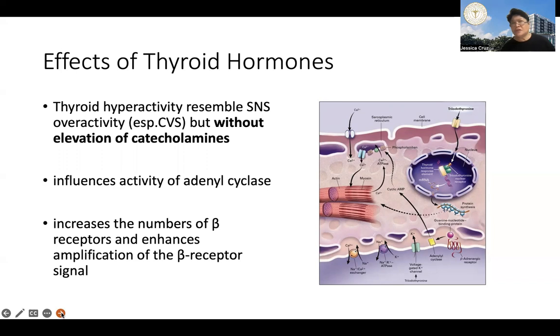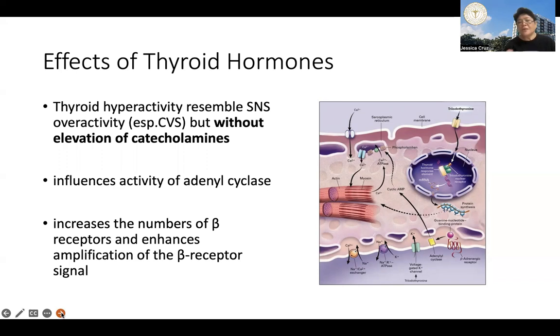You lose weight, all the symptoms of hyperthyroidism. But the condition of thyroid hyperactivity is not associated with elevation of catecholamines that you see in sympathetic overactivity.